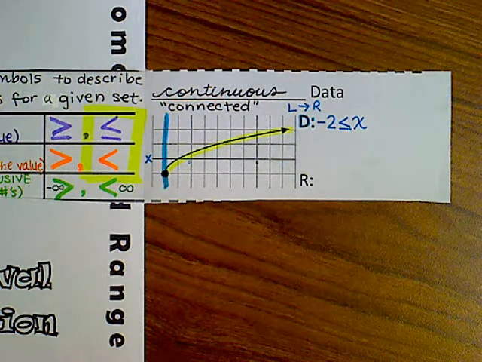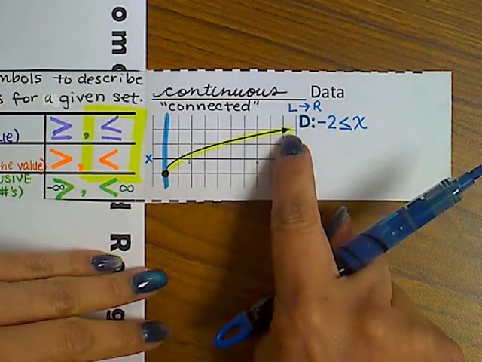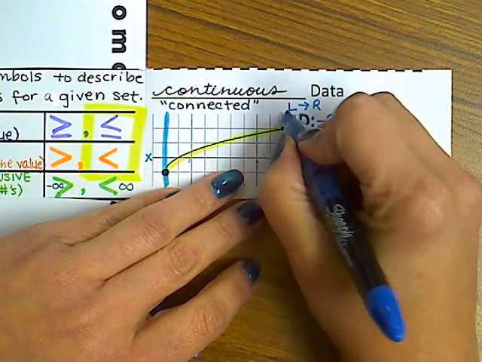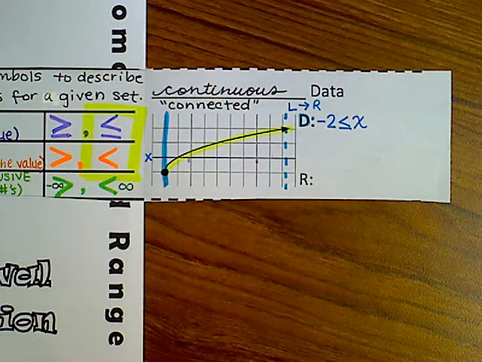Now we're going to go ahead and travel over to the right-hand side, and at the very end of this yellow function, we find an arrow. So I'm going to go ahead and draw a dashed line through here, and we already said that if we have arrows, that means infinity. Now this arrow in particular is pointed to the right.